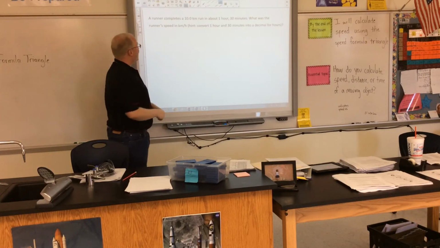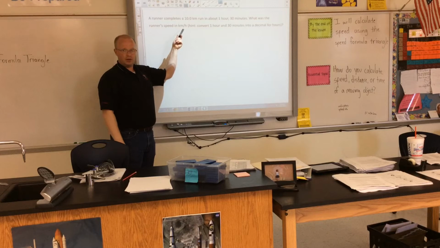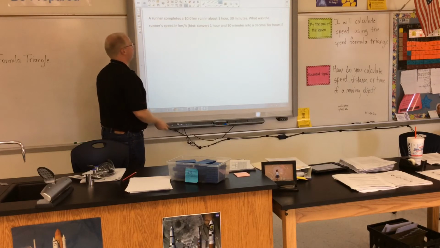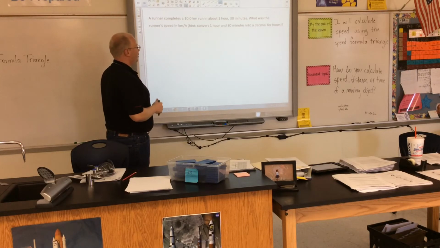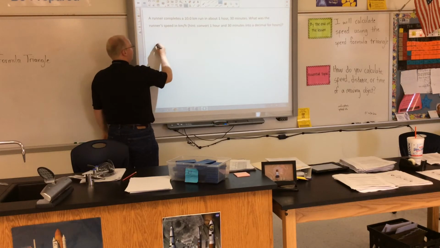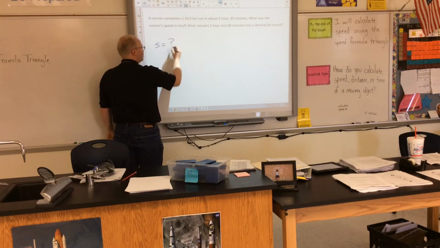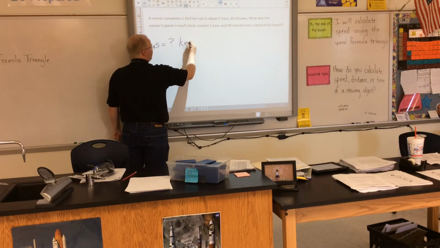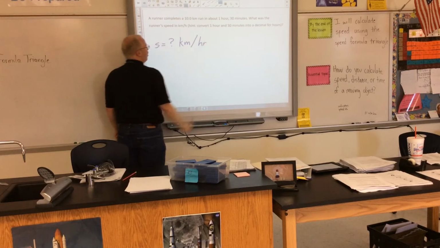The last thing I want to point out is number 11 on the homework. It says a runner completes a 10-kilometer run in about 1 hour and 30 minutes. What is the runner's speed? And it's real specific. It wants it in kilometers per hour.